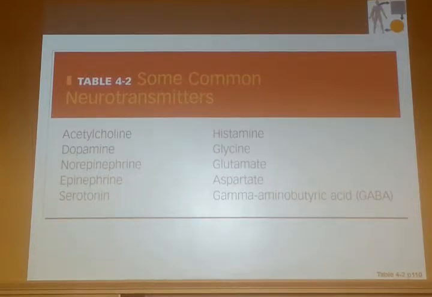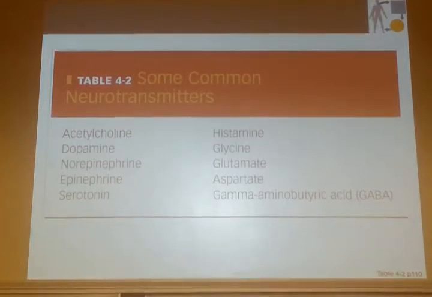These are modified. Histidine is going to become histamine, and so forth. And this one is a modified amino acid. These are the neurotransmitters that are most common in the body, but there are a lot of others that we'll learn as we go through different organ systems.